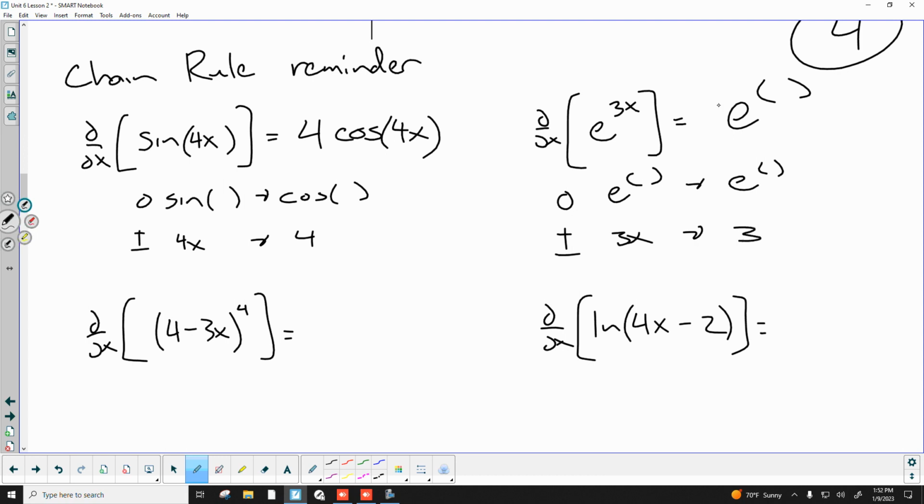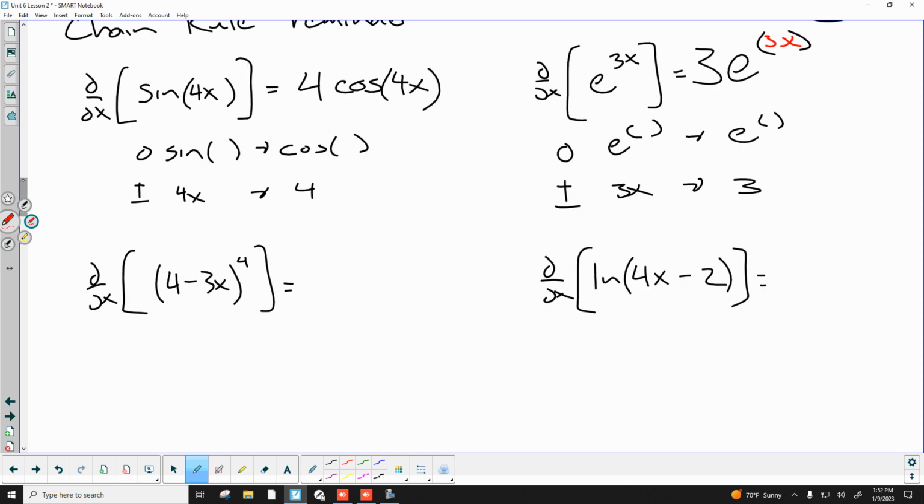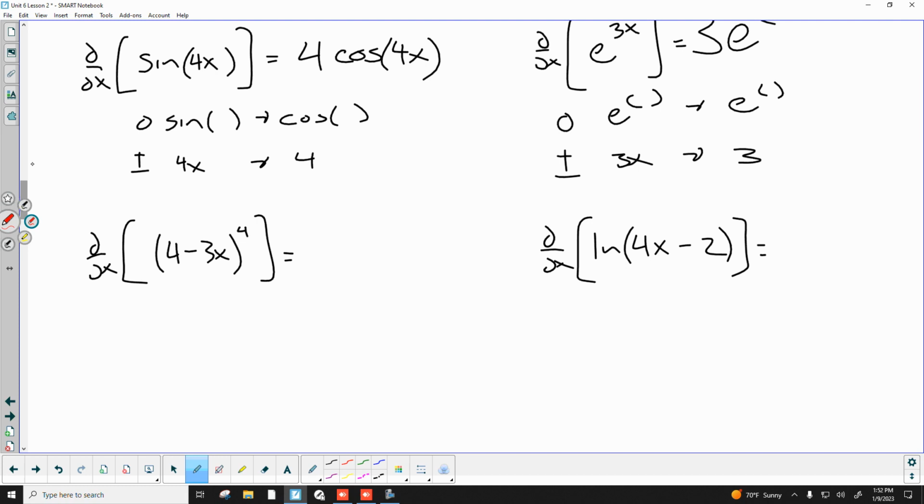We worry about the 3 afterwards. What started in the parentheses stays in the parentheses. Okay? Do the last two if you haven't done them yet. Very important.